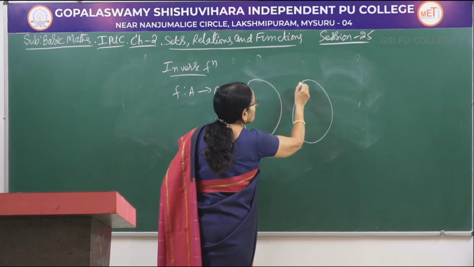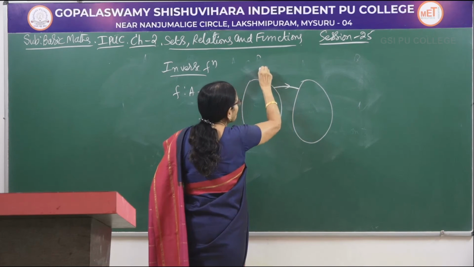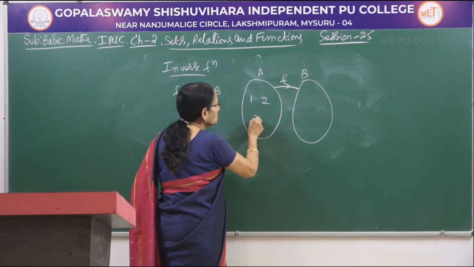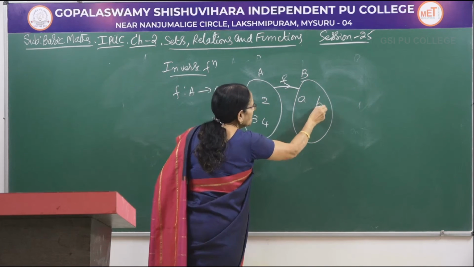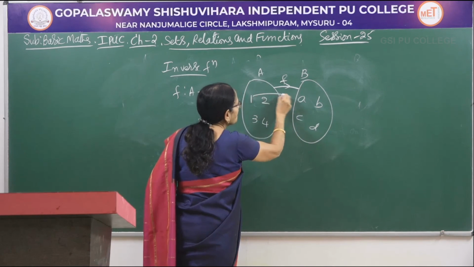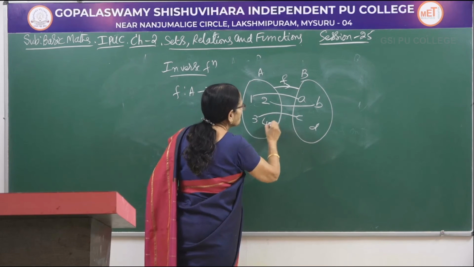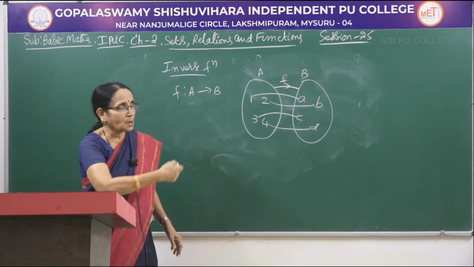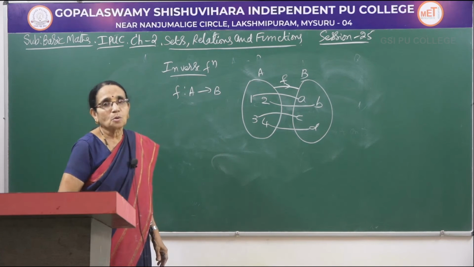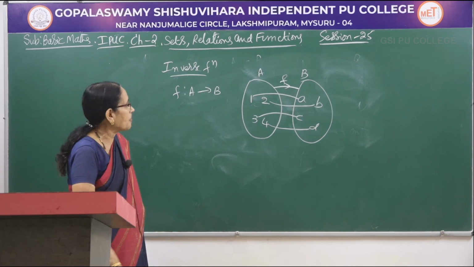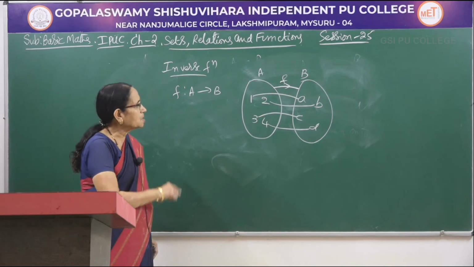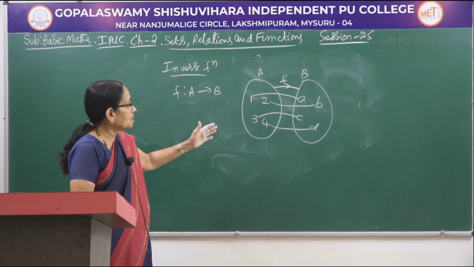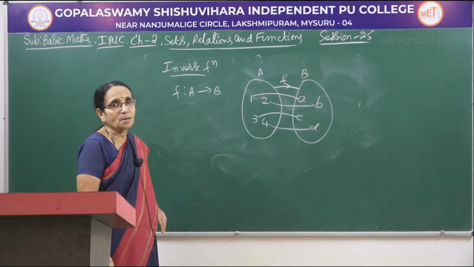Because this is connected with that only, I am taking this with that. 1, 2, 3, 4, A, B, C, D. Same example I had taken in the previous case also to express the bijective function. Now look here, I have taken a function f from A to B, which has the associations like this.